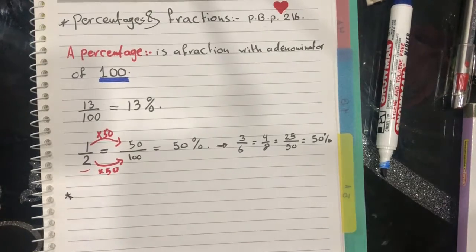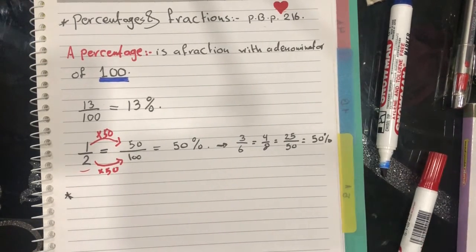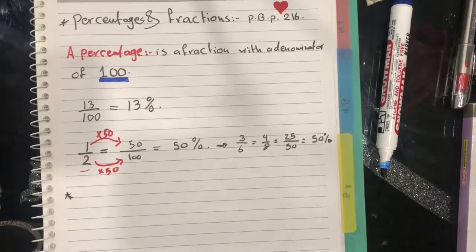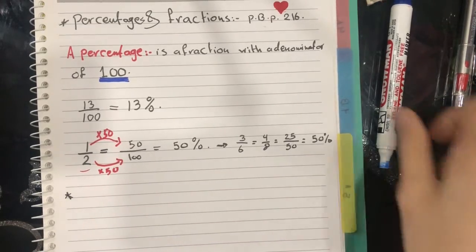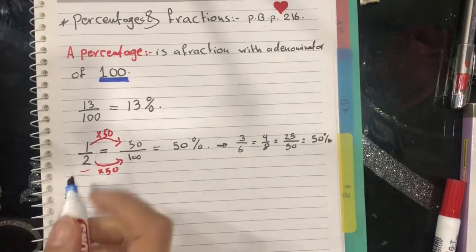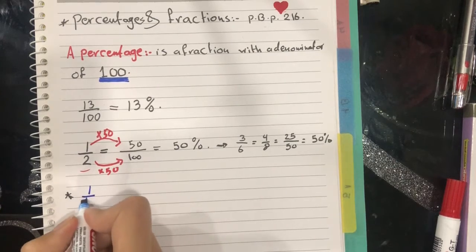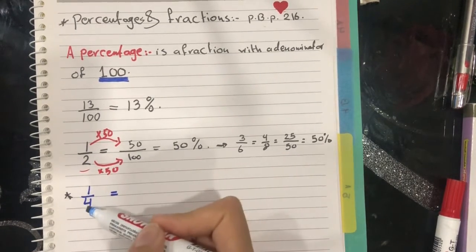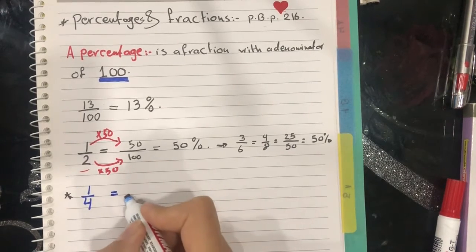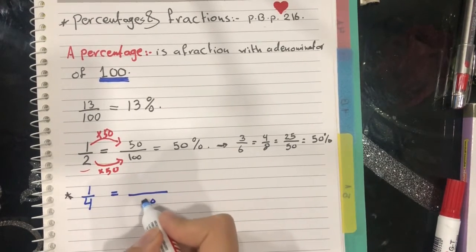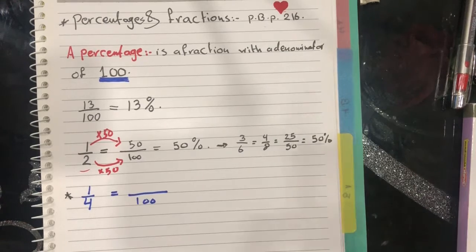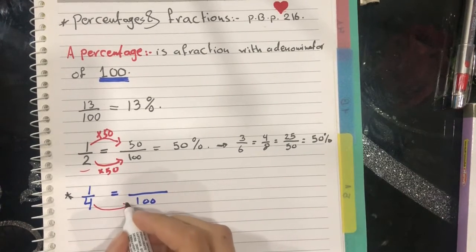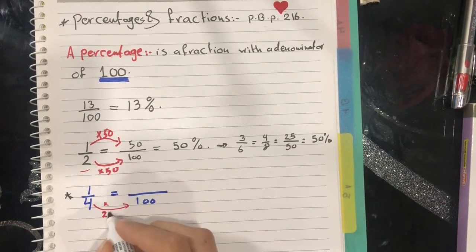Let's take another fraction. If I ask you to write the following fraction as a percentage, 1 out of 4. Of course, you will say 4 is not 100. I need to change the denominator to 100. This can be done if we multiply the 4 by 25.